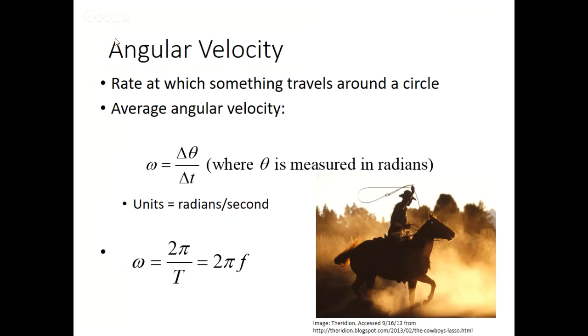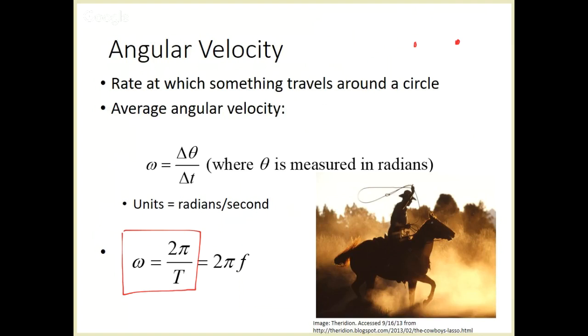In order to calculate it, you can use this little equation right here. As you travel around a circle, there are 360 degrees. Converted to radians, that's 2 pi radians. So 2 pi radians for one trip around the circle.